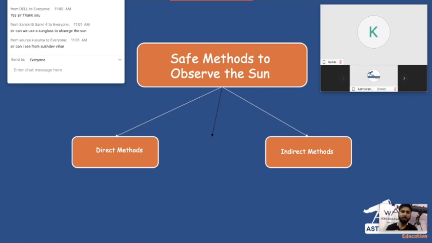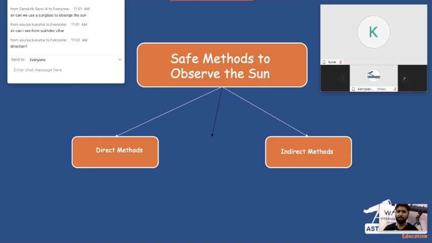You will be observing the eclipse obviously, but not through the normal glasses. In Delhi you are seeing approximately 95% of the eclipse. So it's really good to observe from Delhi, but yes, not the normal glasses. We are not going to use the normal glasses.